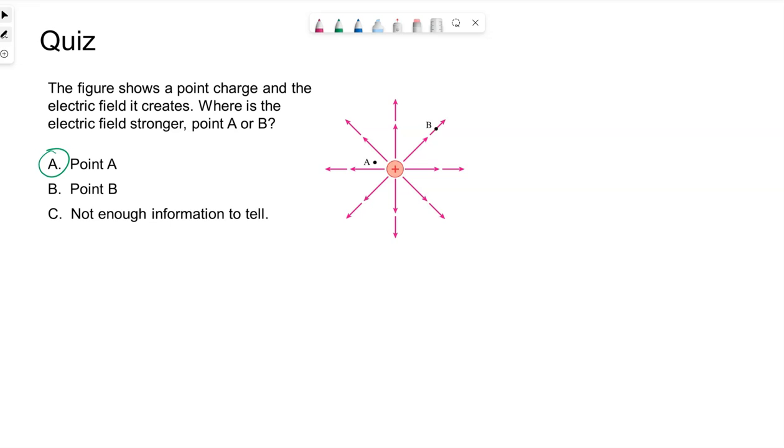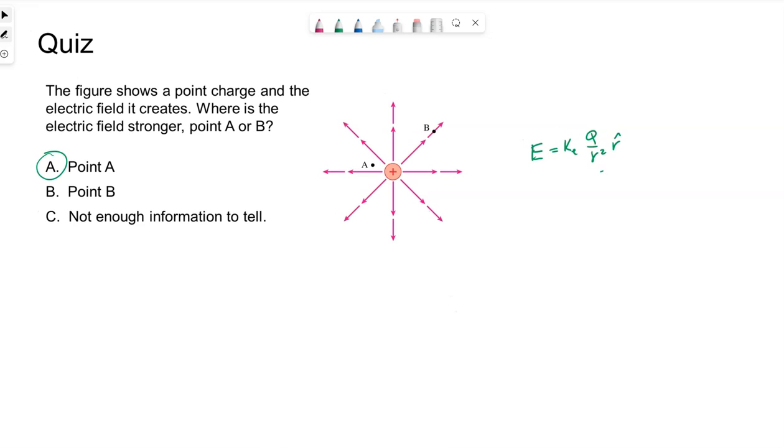So the correct answer is A. There's a couple ways to look at this. We know the electric field equation for a point charge depends upon the charge itself and how far away, and point A is closer since distance is in the denominator. Closer means a bigger field.